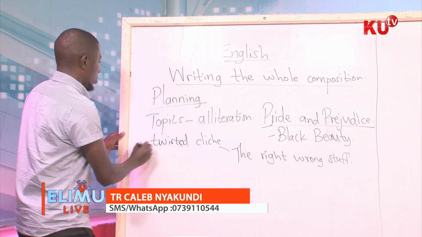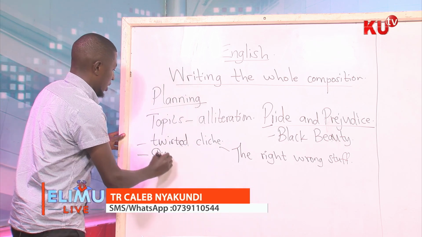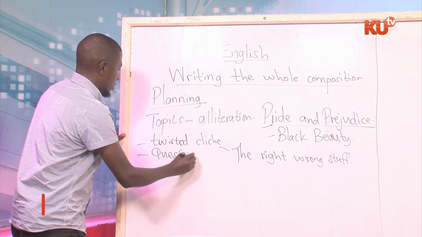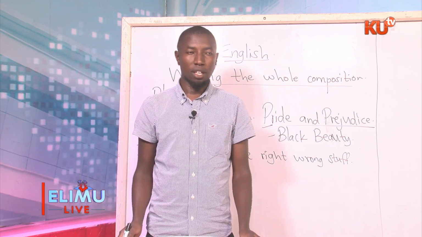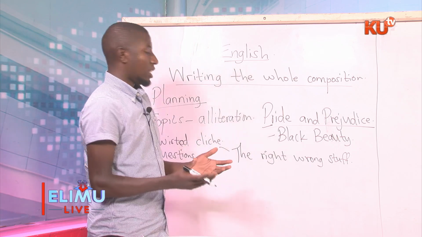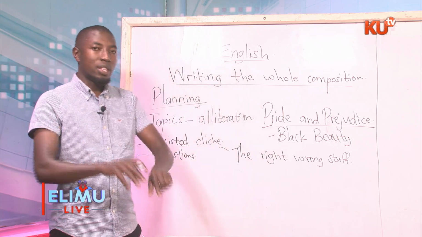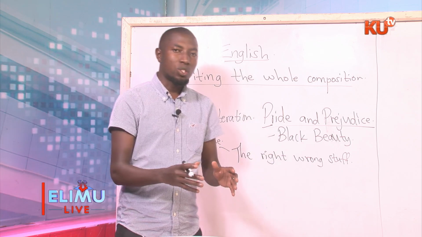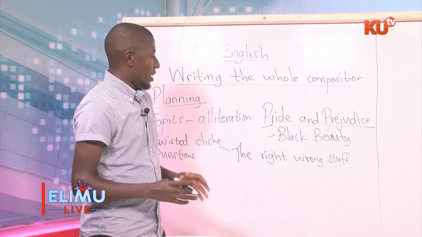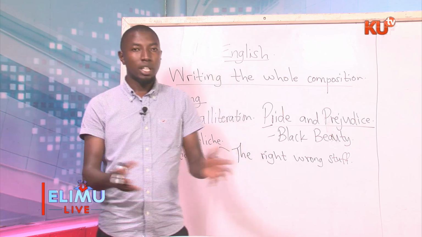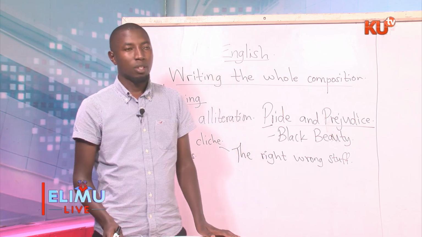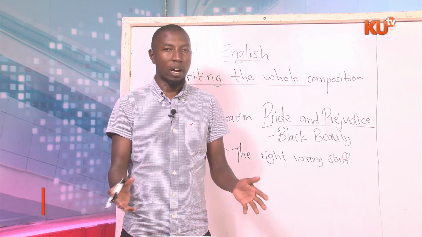Another style you can use to develop an appropriate title, dear students, is use of questions. And these questions are rhetorical in nature, so they don't need answers. But within the essay, this question is going to be answered. An example of a question you can use is, who killed John and why?